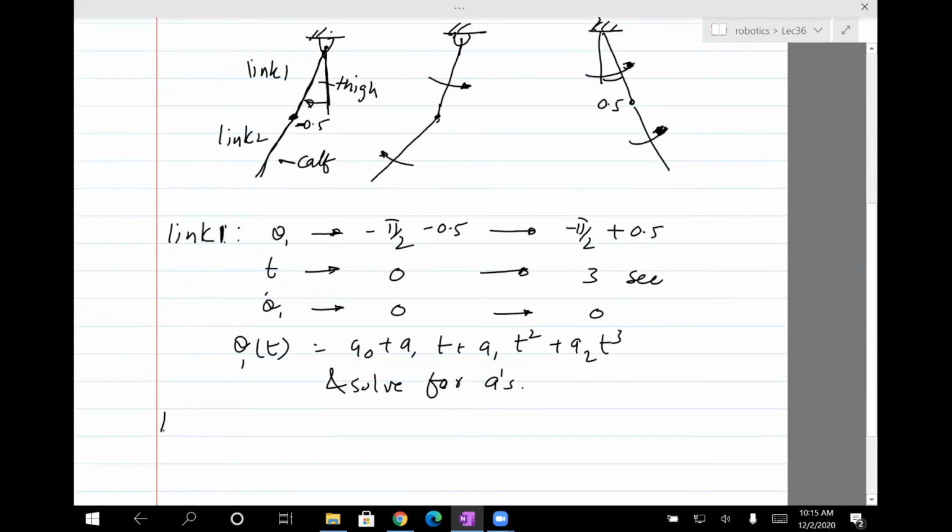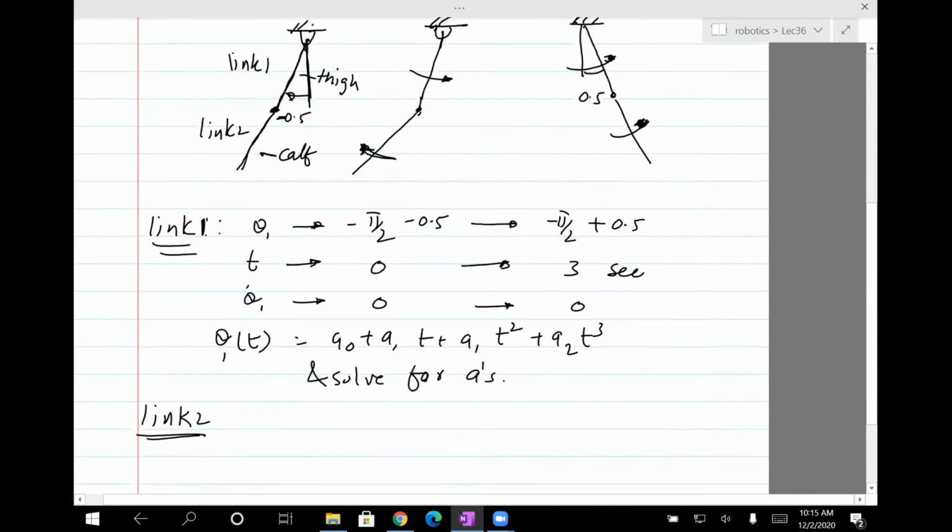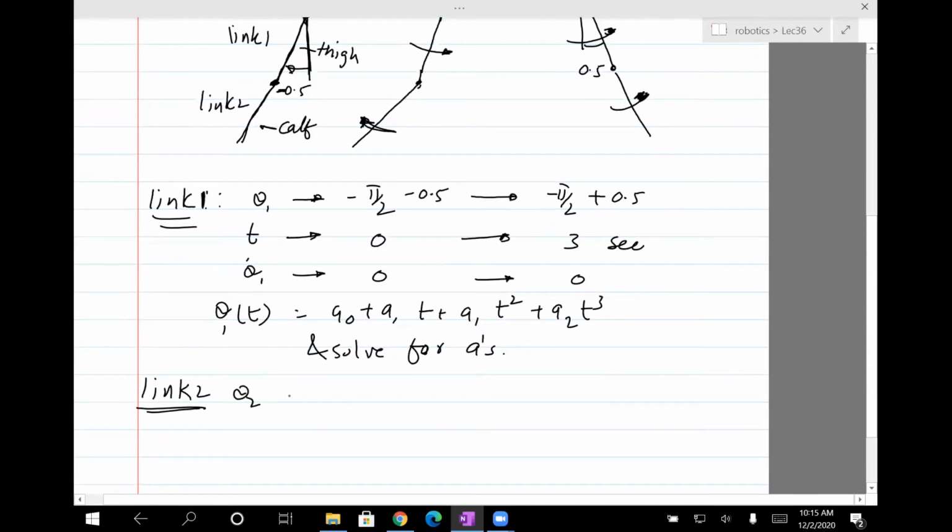For link 2, since we want to reverse the motion in the first half and the second half, we want to look at two polynomials. The first polynomial will start theta 2 with an angle of 0, which means that it's perfectly aligned with link 1.